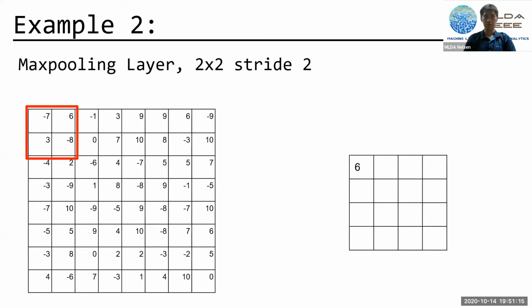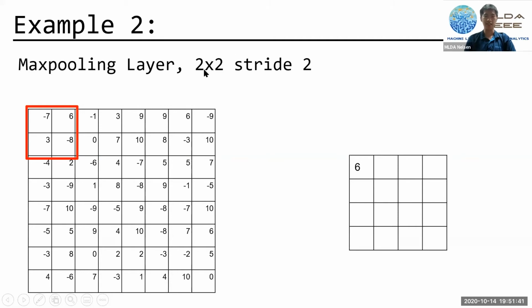Let's say you have this image, which is 8 times 8, I believe. If you do max pooling, you find the maximum out of these 4 pixels, which is actually 6. So you put 6 here, and then you do that for every rectangular region.